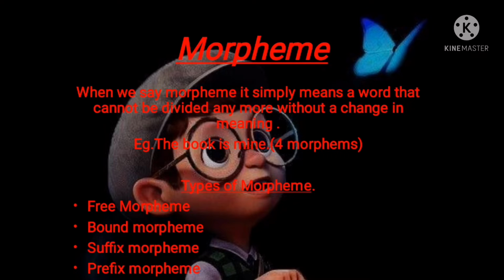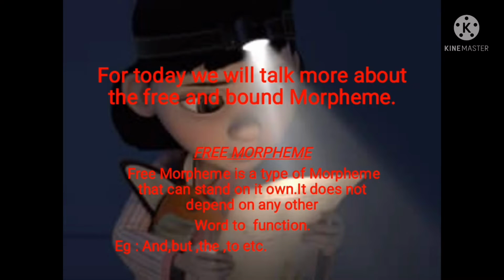Now, let's take the first type. Now, a free morpheme. Now, when we say something is free, in our understanding, it means the person has independence, meaning it depends on its own.